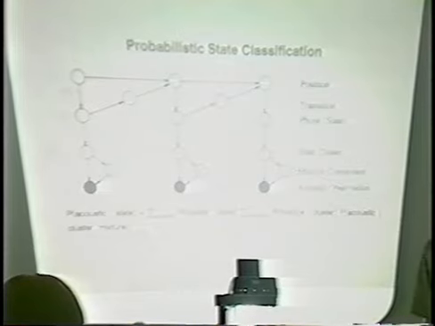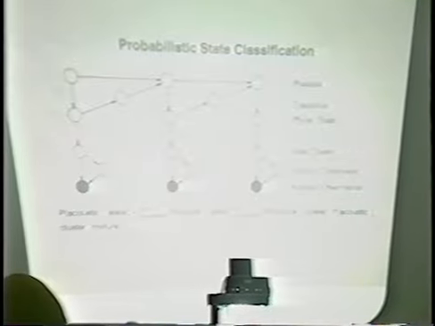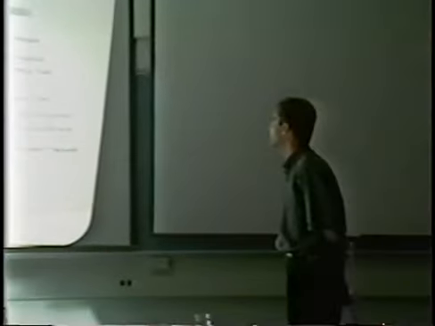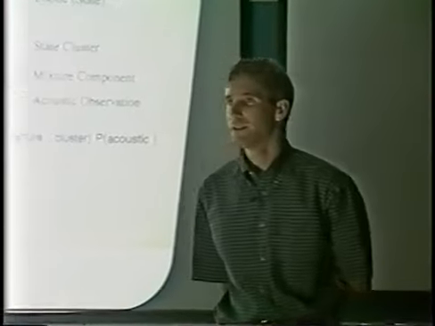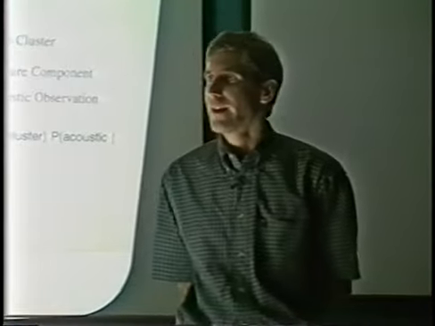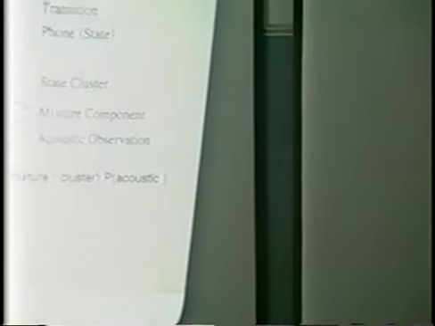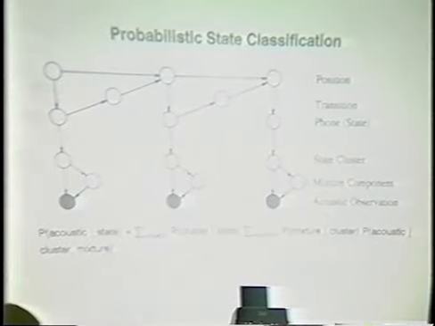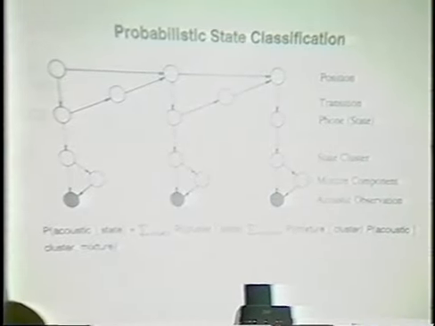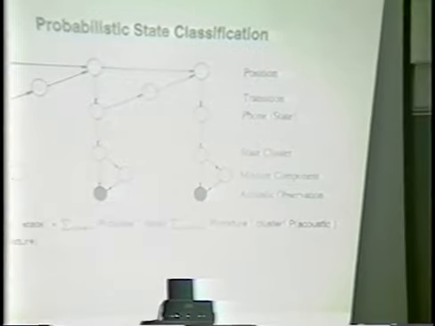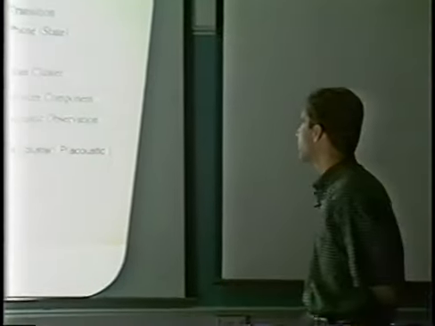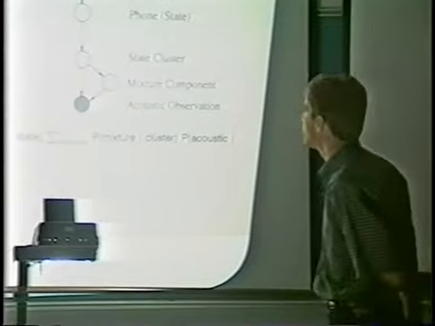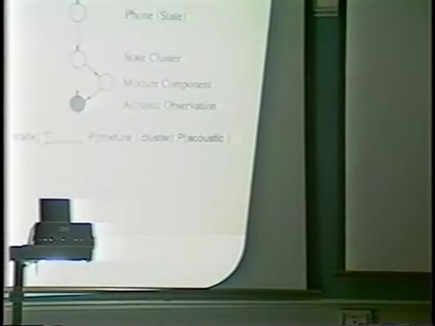I don't understand. A state does not belong to a particular cluster. No, I'm sorry. But you have phone, and in parentheses you have state. Right. So I took that to be the state. That's what I mean. So a state is in one cluster and only in one cluster, and therefore the transition will be with probability 1 from state to state cluster? Yes. So this is the soft clustering.